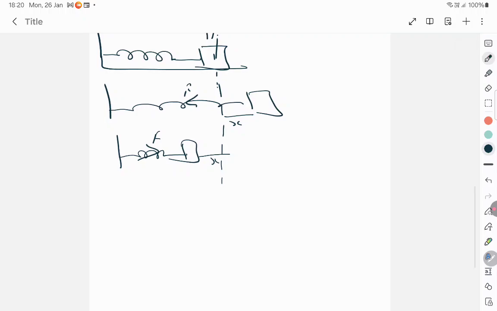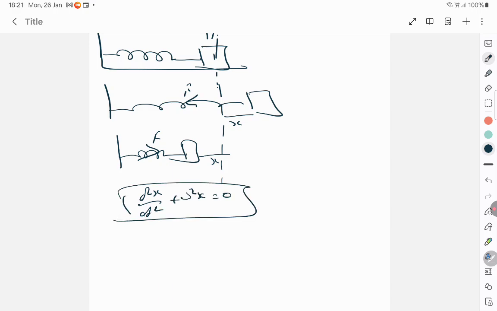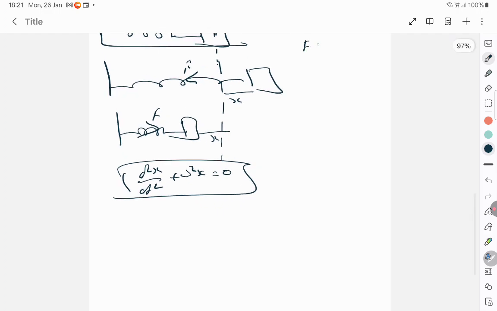And so again you know that the differential equation here is d square x by dt square plus omega square x is equal to 0. You know this equation. And so you also know here again F is proportional to x, F is equal to minus k into x. Energy is equal to half k x square.